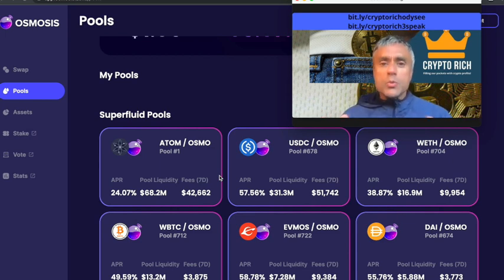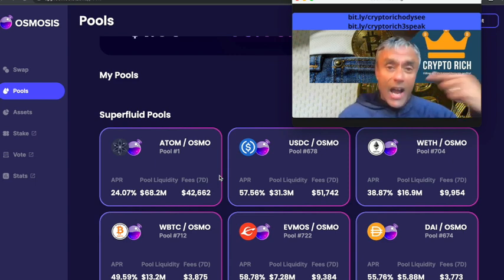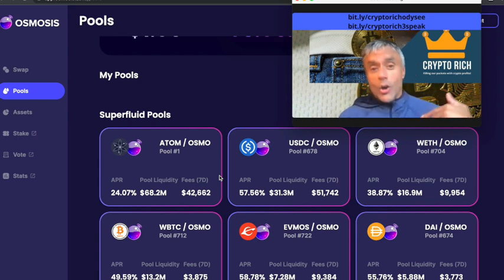But what happens with a pool is, say I want to sell some Atom for Osmo, instead of waiting for somebody else on the other side to sell their Osmo for Atom, there's a pool of Atom and Osmo, and I trade in and out of that. So I sell Atom to the pool and buy Osmo from the pool, or the reverse.